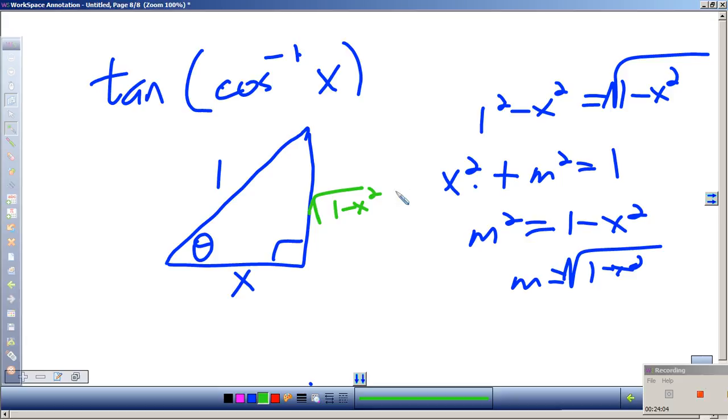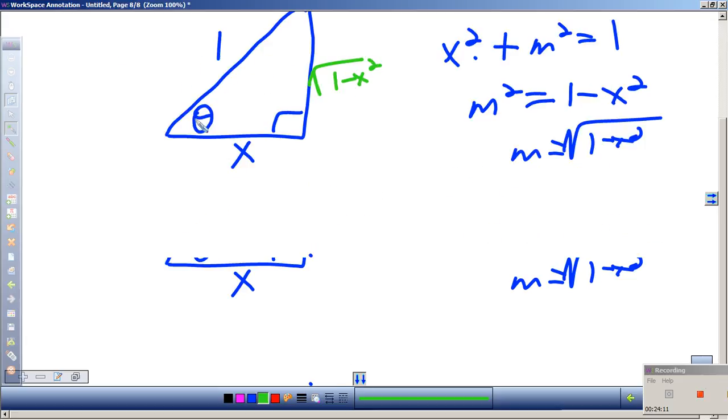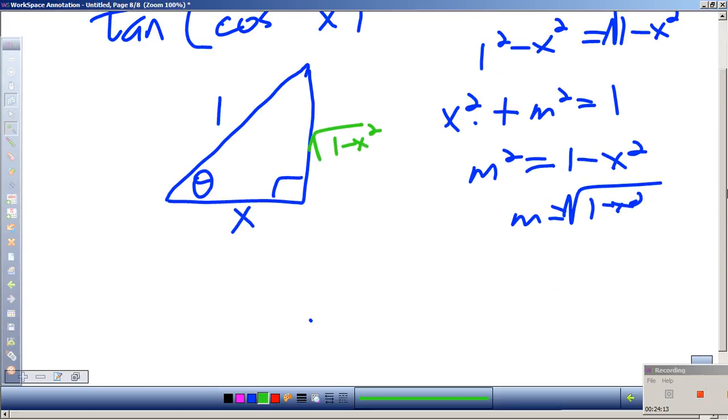Now, what is tangent in terms of opposite, adjacent, hypotenuse? What is opposite my angle? That's up, right? So the square root of 1 minus x squared over adjacent, x. And there's my answer. This can't really simplify, so that would be done.